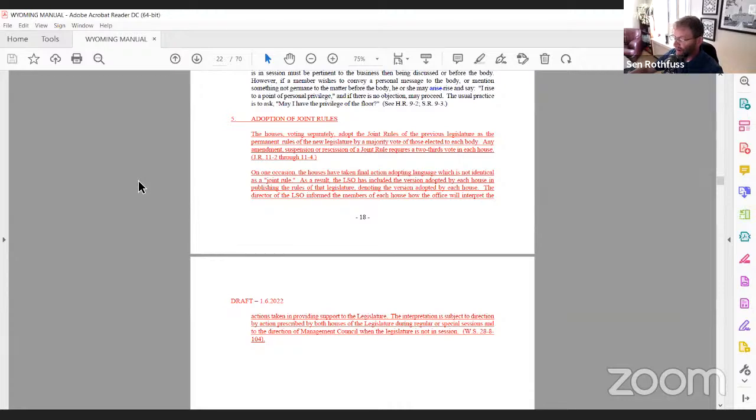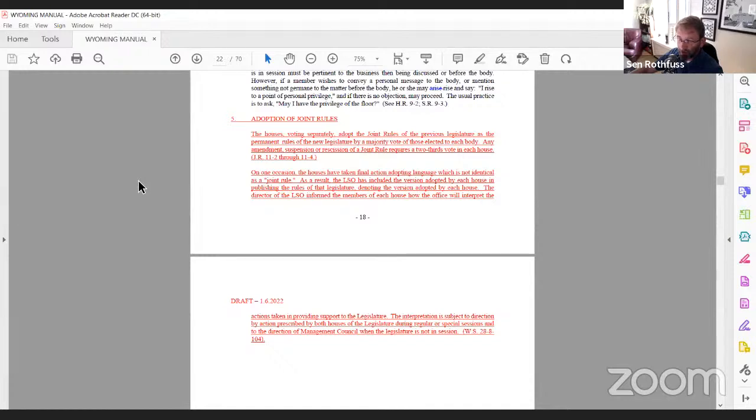So we're codifying through the manual the way we interpreted it as it was taking place. And I guess the question maybe that we could recommend or provide a recommendation is that we revisit the rule related to a change to joint rules and require concurrence between the two chambers or nullification of the joint rule.